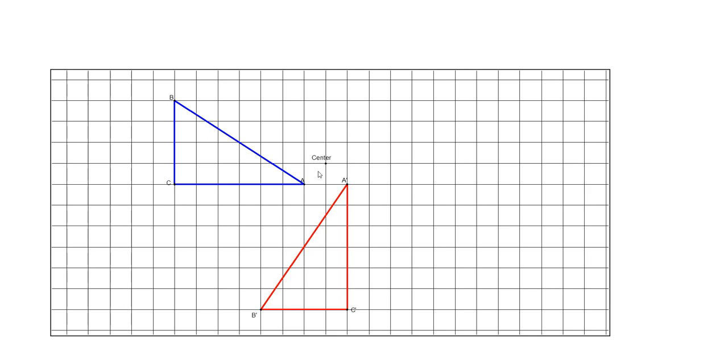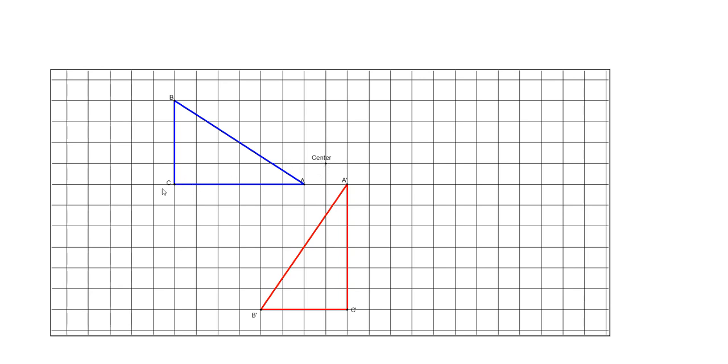Okay, and so look what's happening here from C to C prime. Notice the original one is to the left 1, 2, 3, 4, 5, 6, 7, and down 1. This one's going to go to the right 1 and down 1, 2, 3, 4, 5, 6, 7. And so we can see that distance is different than the distance A traveled, but it stays the same distance away, right?